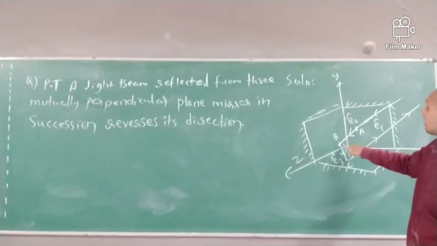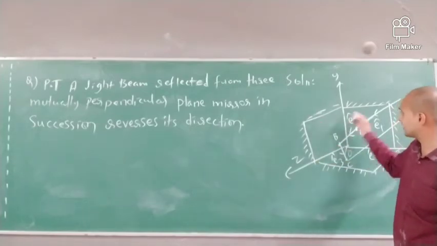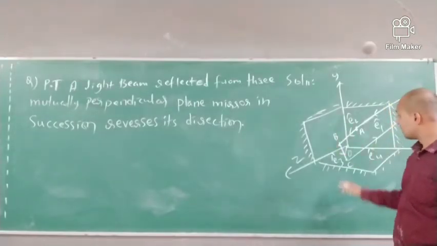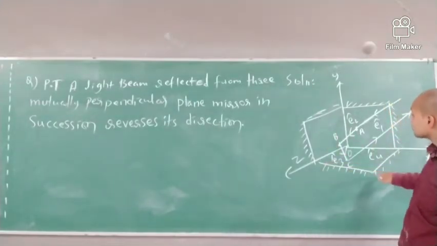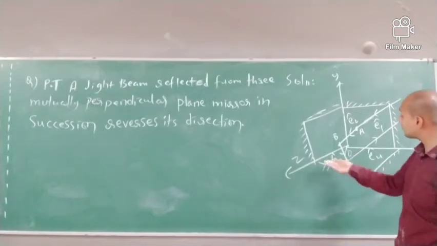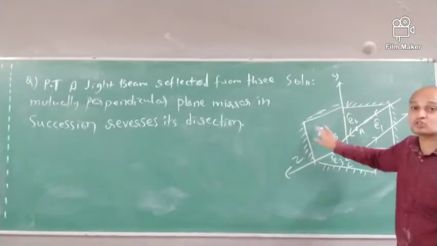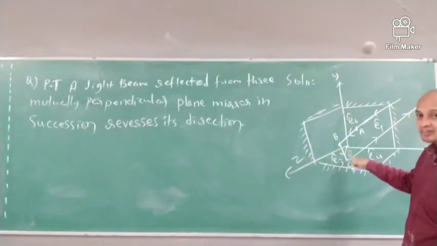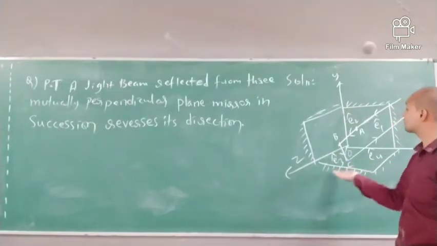Point B is where the ray is perpendicular to this mirror, incident on this mirror. Point C is another point on the plane mirror which is perpendicular to these two mirrors. Correct now? Where E3 is the direction of the incident ray which is entering into the third mirror like this.